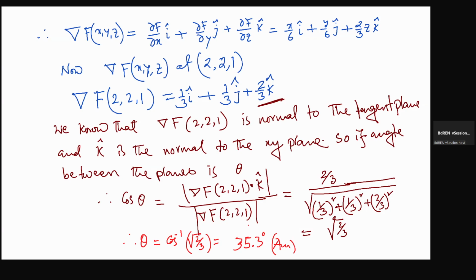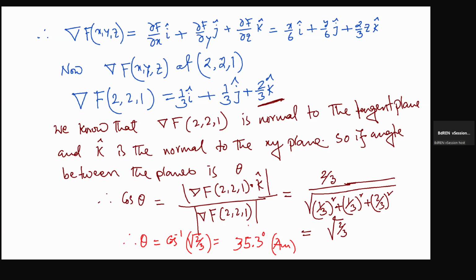Okay, so listen, the gradient of a function of two variables indicates the normal to the level curve, and the gradient of a function of three variables indicates the normal to the level surface. That means one is normal to the level curve and another one is normal to the level surface.